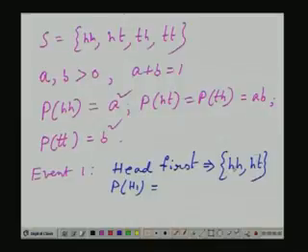Total probability will be the sum of the probability for this and this, which means A square plus AB. Take A common, A into within bracket A plus B, and A plus B is 1, which means this is equal to A. All right. So, head first, its probability is A.